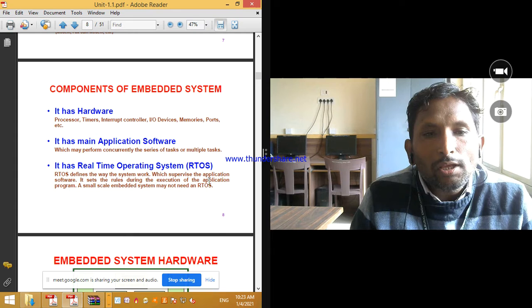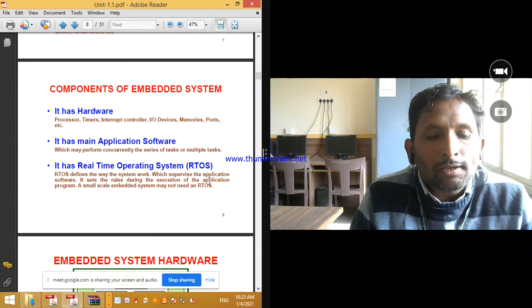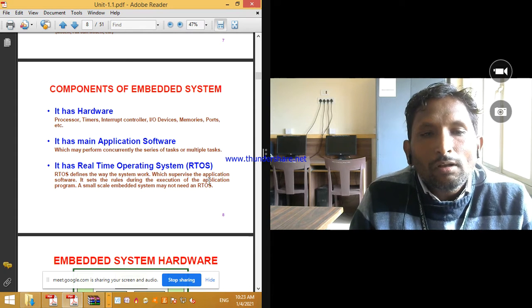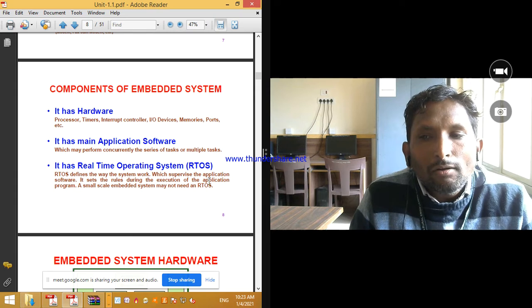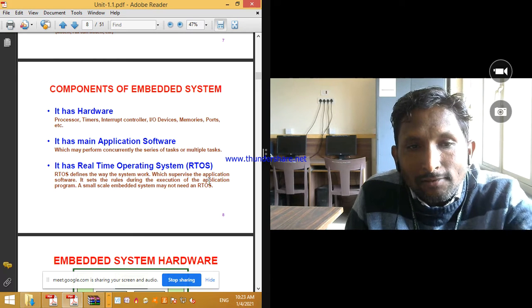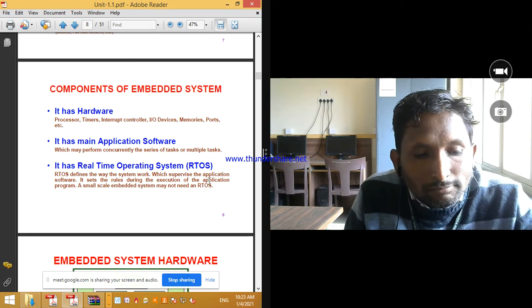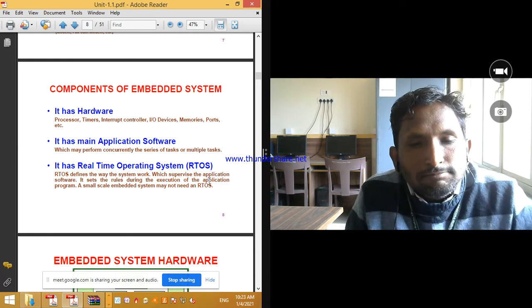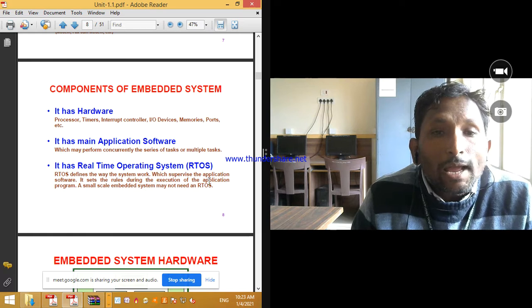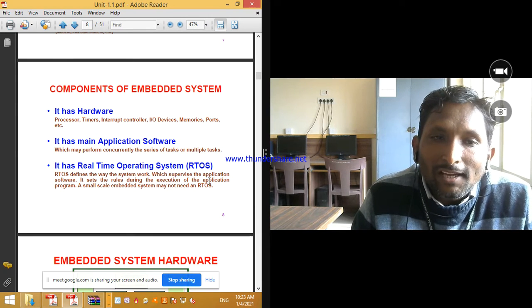We are talking about here Arduino Uno, and the next one is Raspberry Pi. On this we are going to perform our LP4 practicals. That is the hardware, a component of embedded system, and it is a processor.